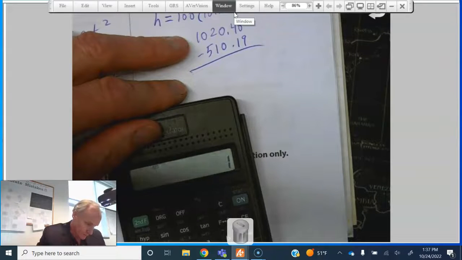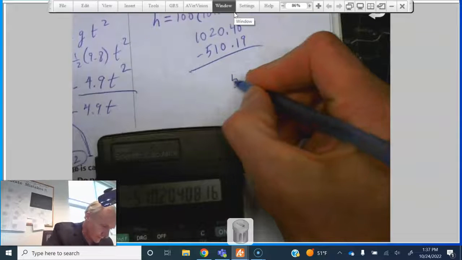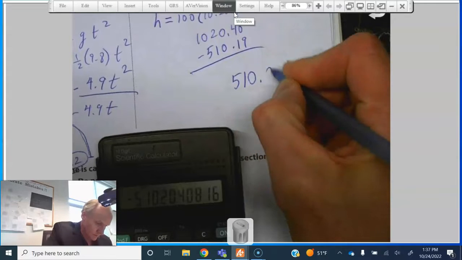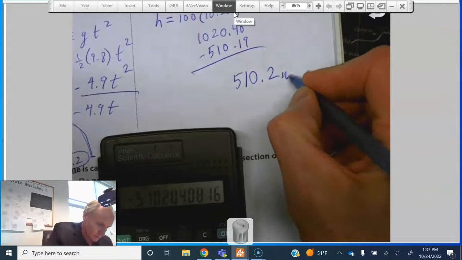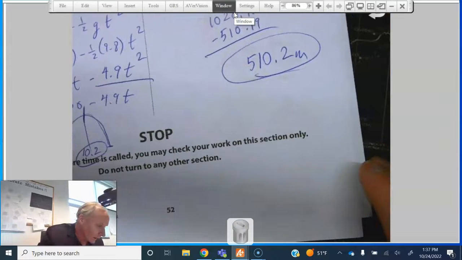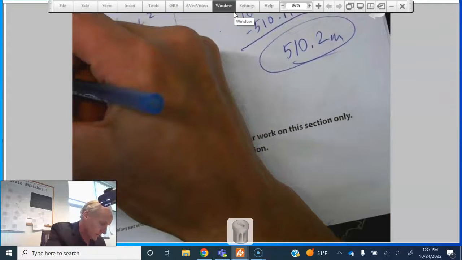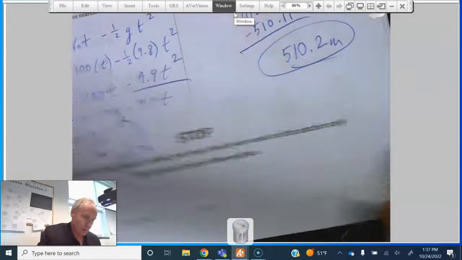Minus 1020.4, that gives 510.2 meters. I don't know where this one came from. Nearest meter, 510 meters, huh? Let's see.